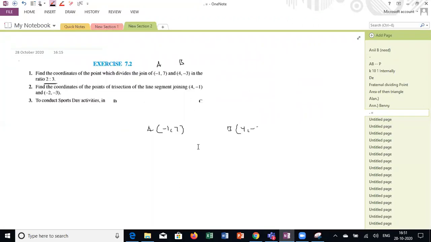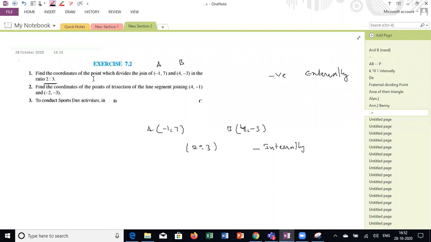Suppose if the ratio is positive, it's internal. If the ratio is negative, it's external. So here, just use the internal formula.